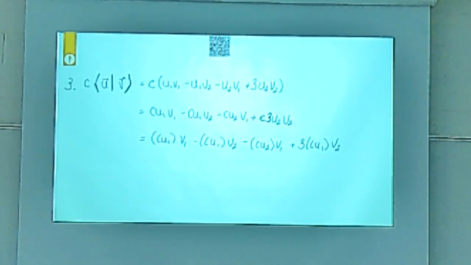Now C times U, since we're dealing with R2, that would just be the vector CU1, CU2, right? So then wouldn't that just be the inner product of C times U with V?